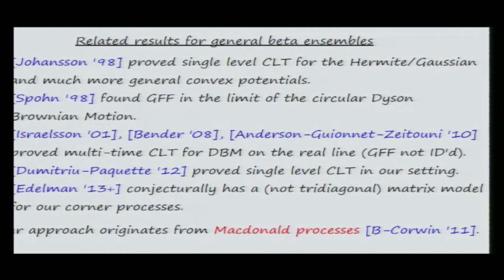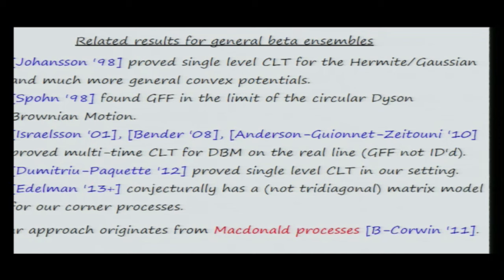Okay, but still, it's a wonderful result that I wanted to mention. Then there are works that consider the Dyson-Brownian motion on the real line as well, and computed the Gaussian behavior and the covariance structure. But again, the Gaussian free field underneath was not noticed, probably because the authors just weren't looking.